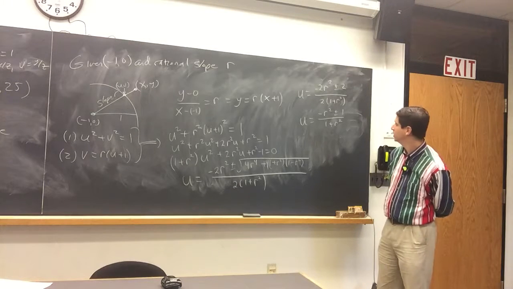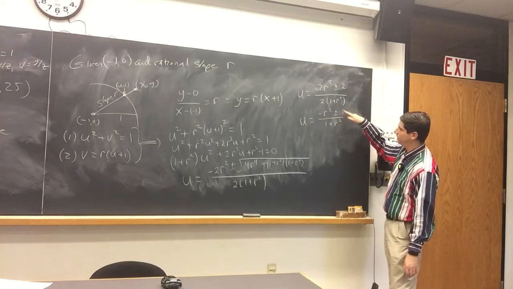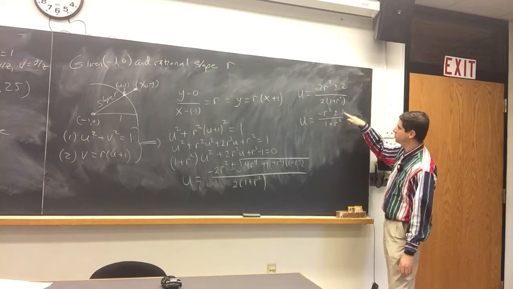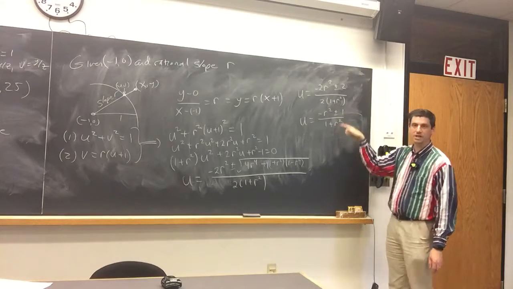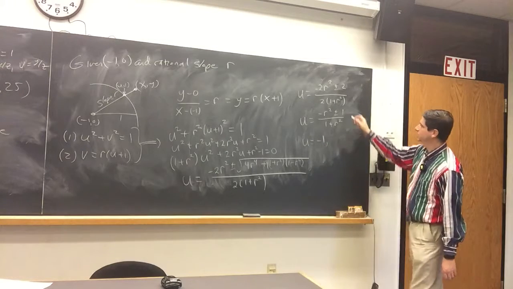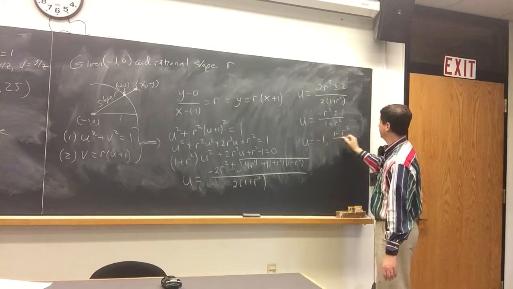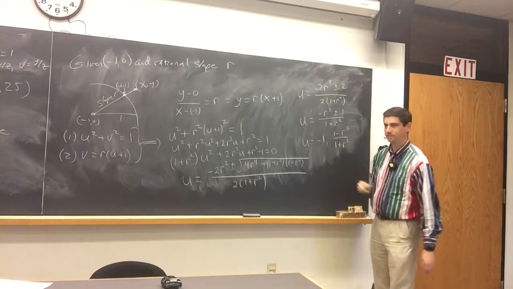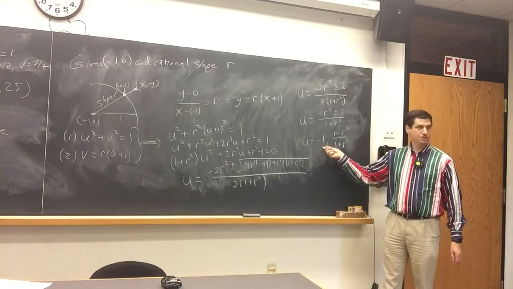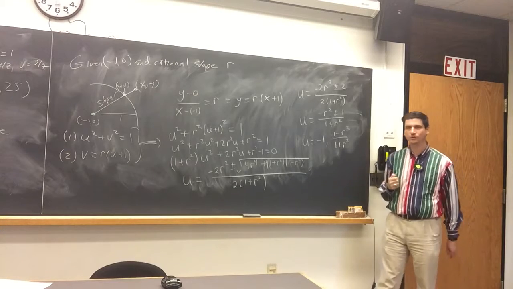And which it is, because if I look at r squared minus 1 over 1 plus r squared, I'm going to get negative 1. So the roots are u equals negative 1, and then the new root is going to be the plus 1. So it'll be 1 minus r squared over 1 plus r squared. This is good because we forced negative 1, 0 to be on the line and the circle, and it's on the line and circle. And then the other one we get is 1 minus r squared over 1 plus r squared.